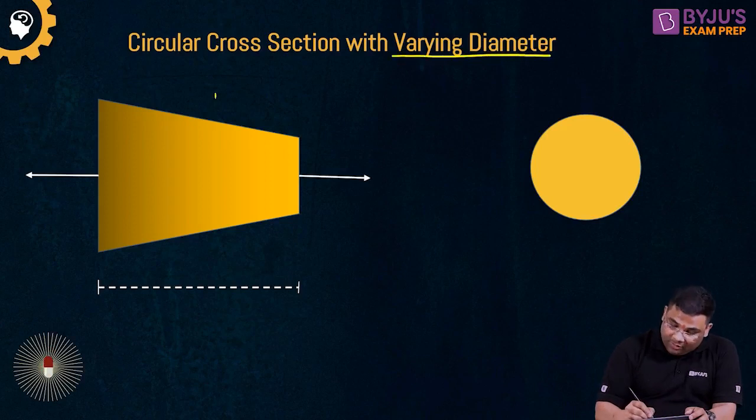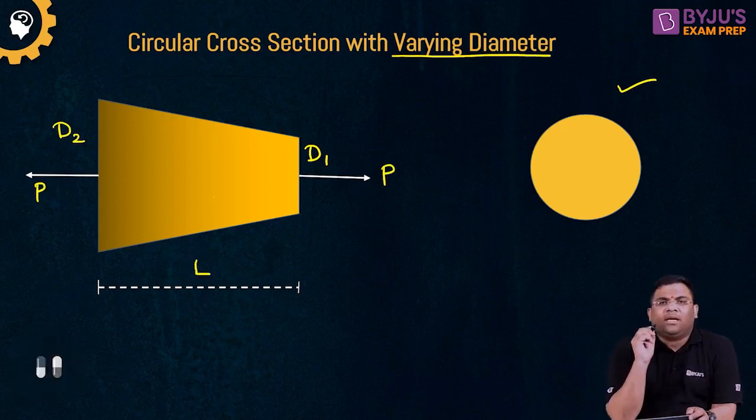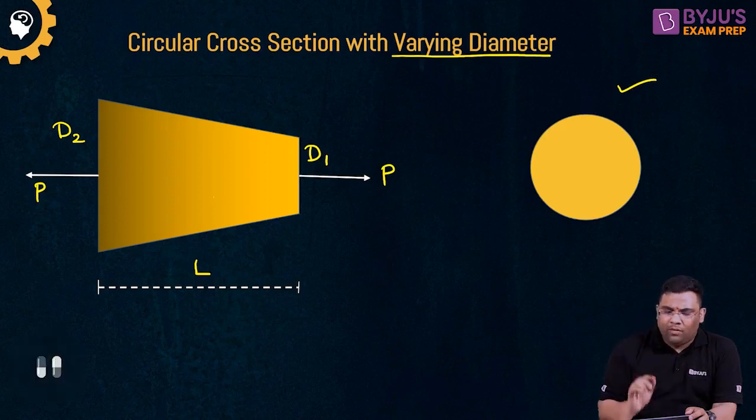If you cut a cross section here, it will look circular only. But you can clearly see that the diameter is changing from D1 at one end to D2 at the other end. The force is P and the length is L. So how to find out the deformation of this particular type of bar, a tapered bar?